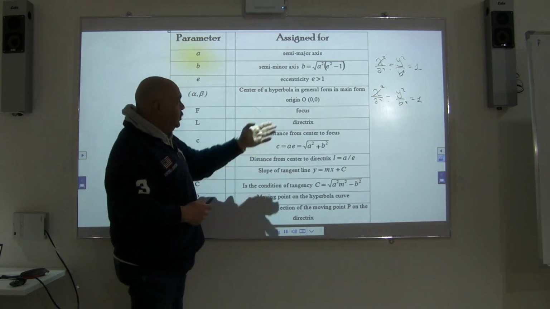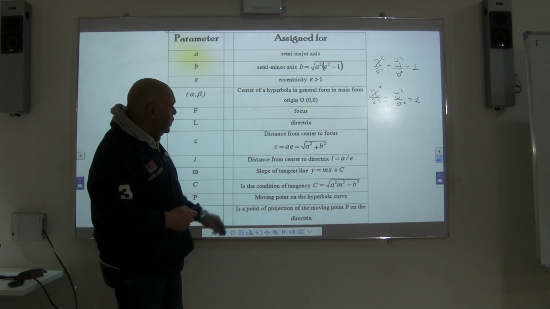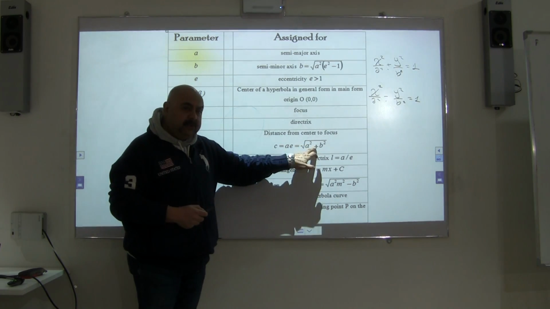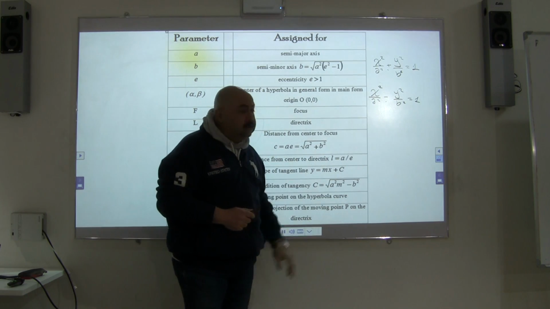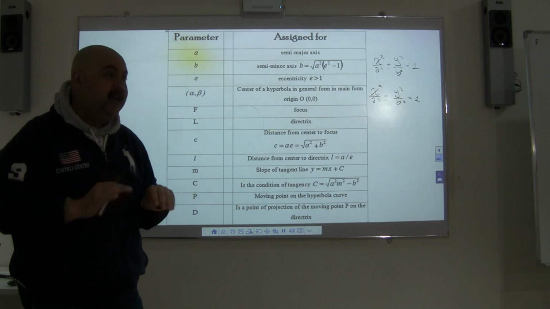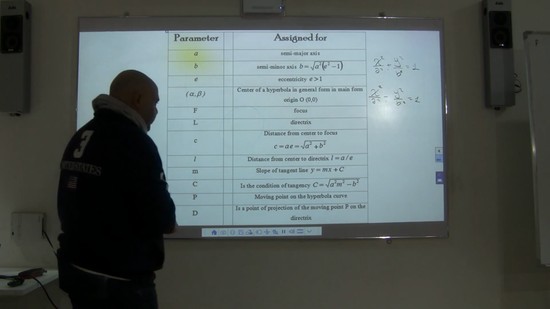The origin is 0, 0. F stands for the focus, L for the directrix. For c, it's a squared plus b squared, whereas in the ellipse it was a squared minus b squared. And L is a over e, the same relation exactly as the ellipse.